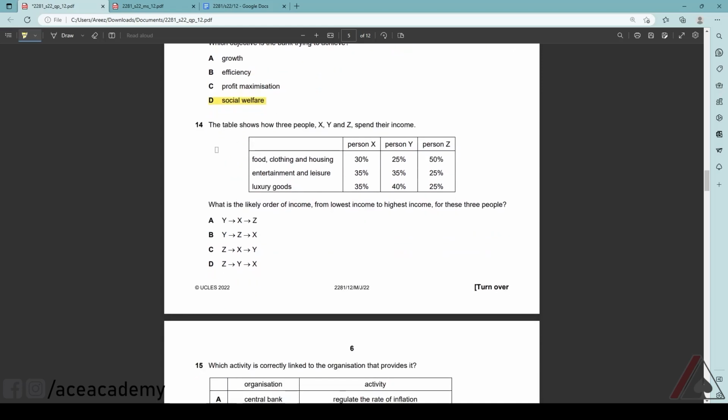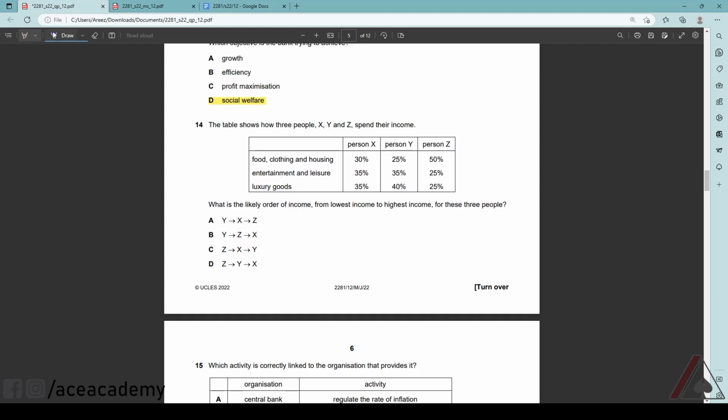14. The table shows 3 people, X, Y, and Z, and how they spend their income. The first sector is food, clothing, and housing. The second is entertainment and leisure. And the third is luxury goods. What is the likely order of income from lowest income to highest income for these 3 people?